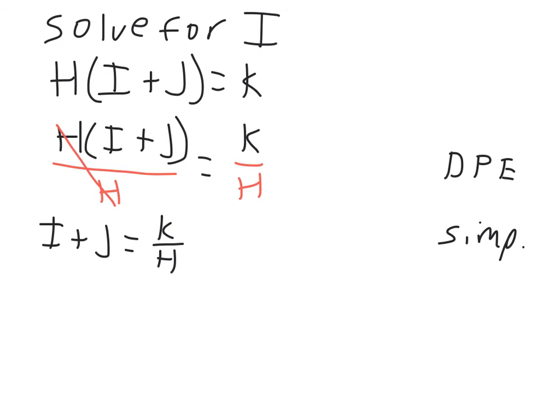Then from there, we have i plus j. So we need to get rid of this j because we want to solve for i. So it's adding, j is adding to i, so we need to subtract both sides by j. So we say i plus j minus j is equal to k over h minus j.